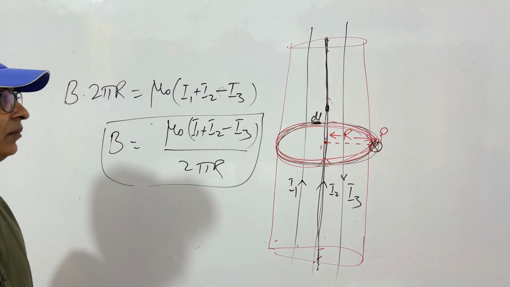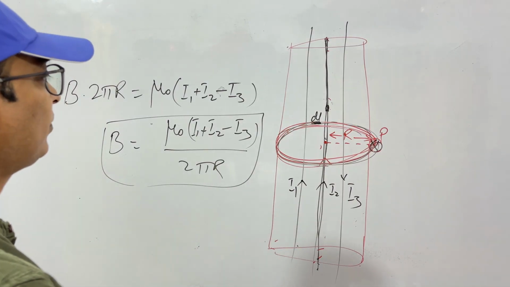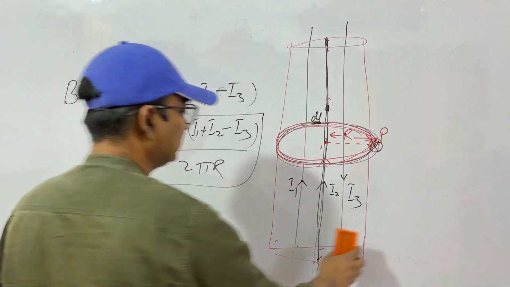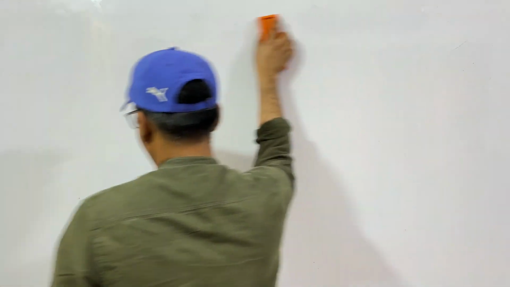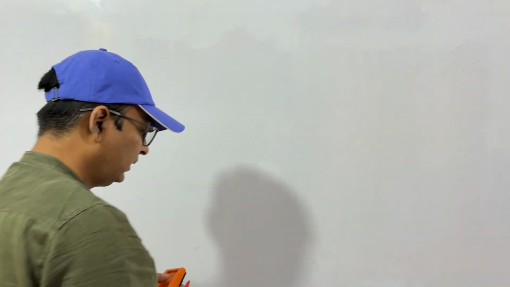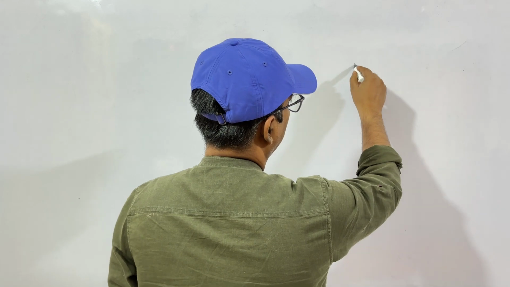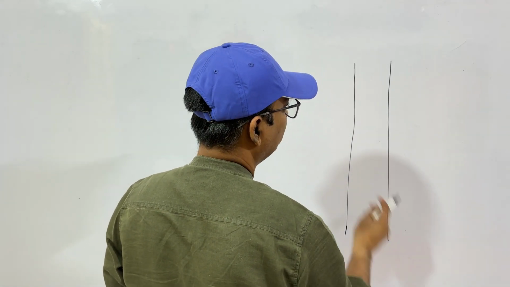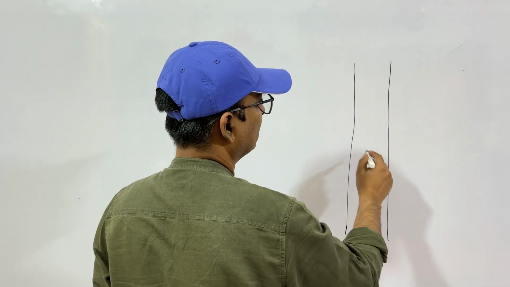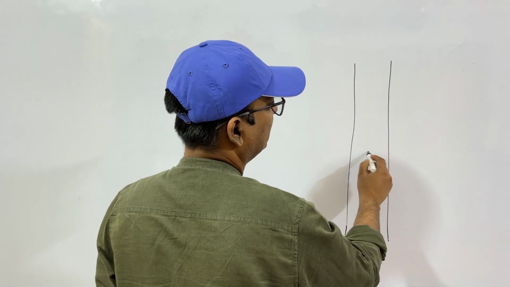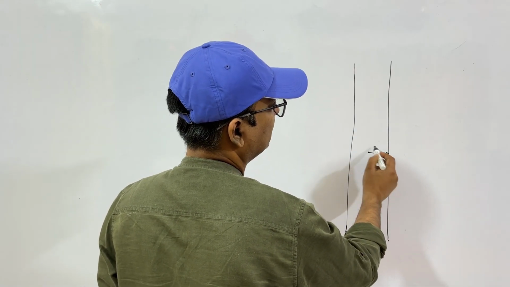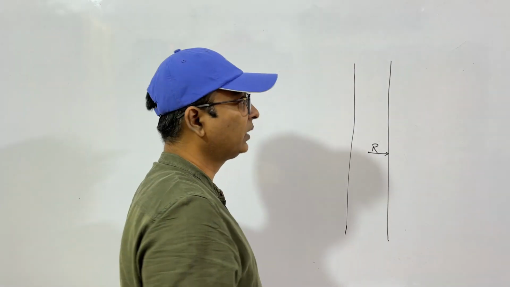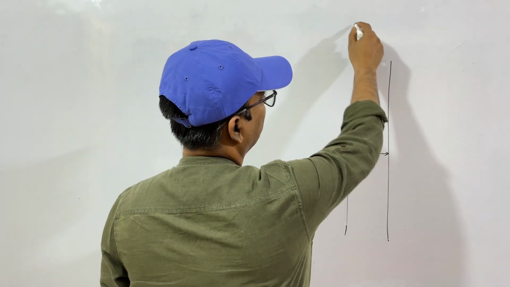Okay, now one more thing. Let's say this is our conductor. This is a very microscopic view. Its radius from the center is capital R. This is your conductor, extending to infinity.